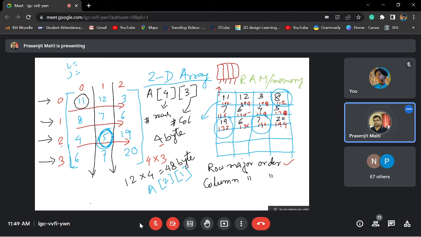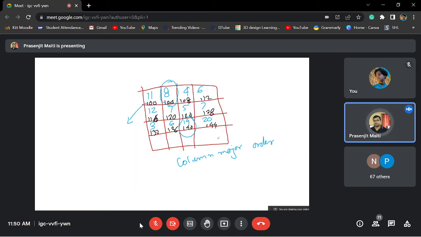Suppose A22. What is A22? A22 is 19. Now, in row major order, 19 address is 132. In column major order, 19 address is 140.